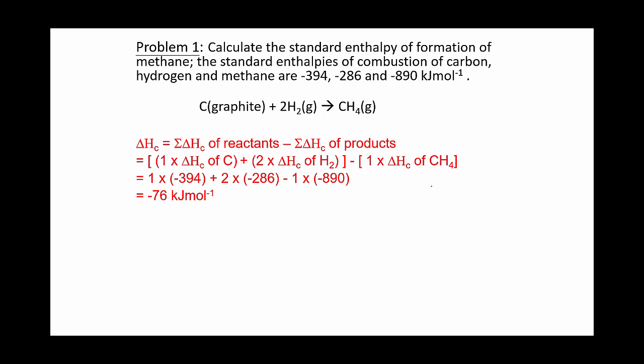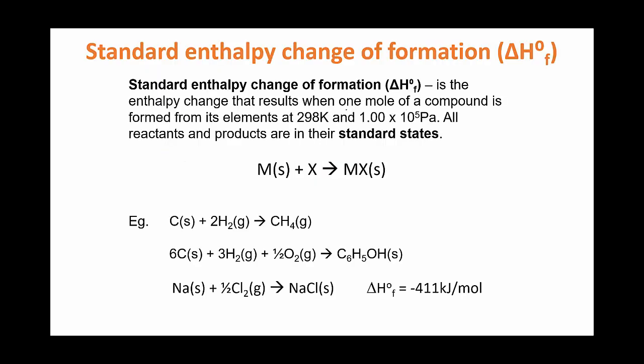Okay, and that allows you to, you already can do bond enthalpies to work these out, but you can now use a table of combustion enthalpies. In a similar way, you could get a table of formations. So they're basically the elements forming compounds. So there'll be a list of compounds and how much it takes to form them from the elements.